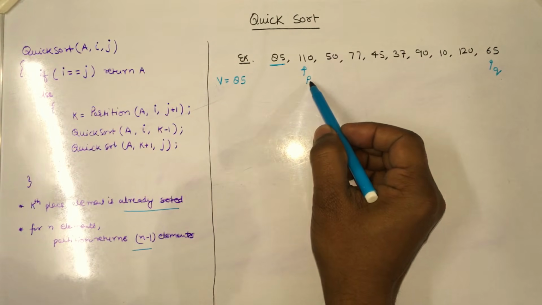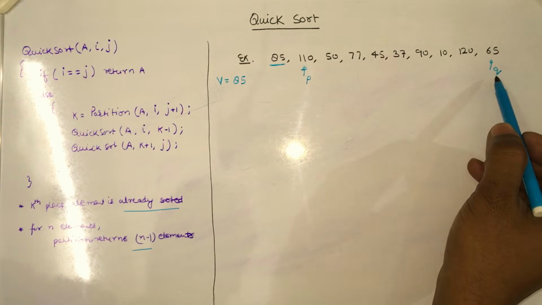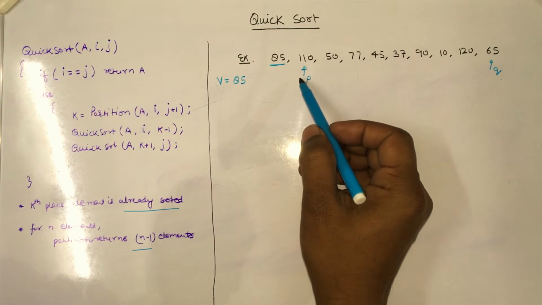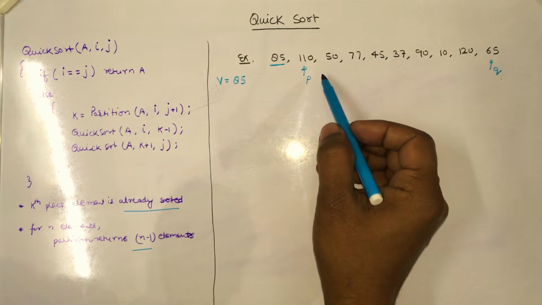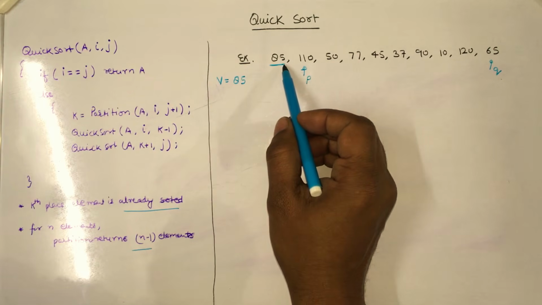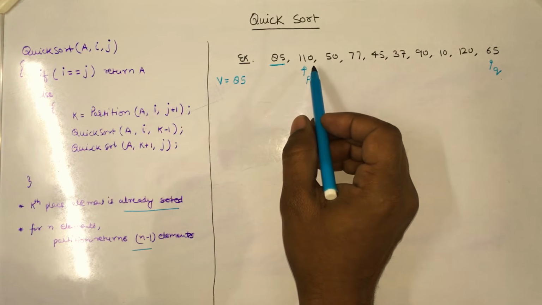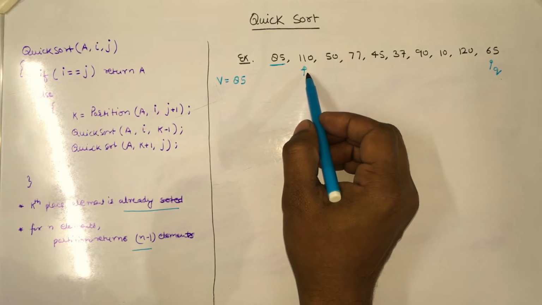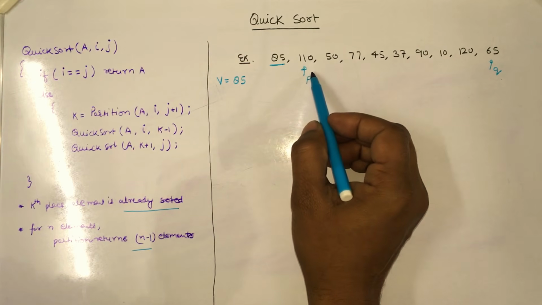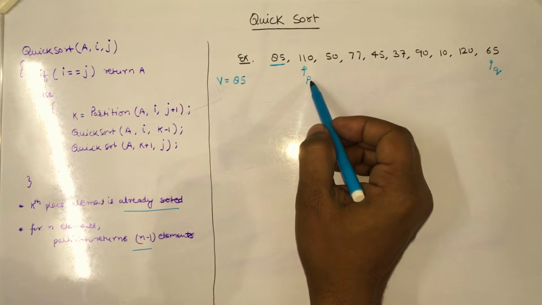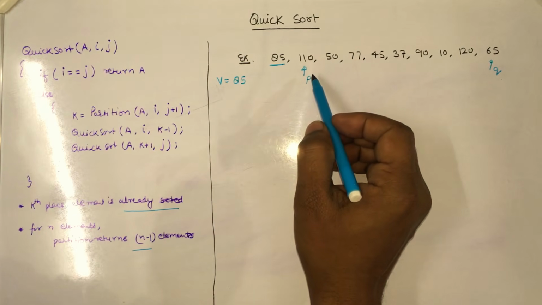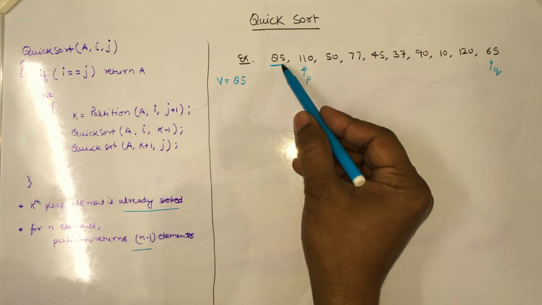The p pointer will move forward and the q pointer will move backwards, and each pointer will move based on comparison with the pivot element. In the direction of p, I have to look for an element greater than 85.